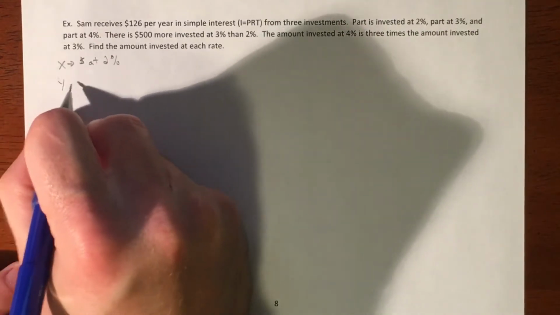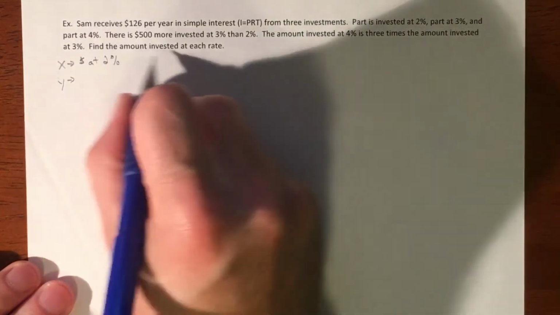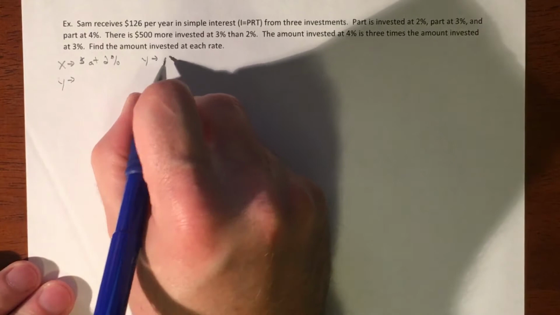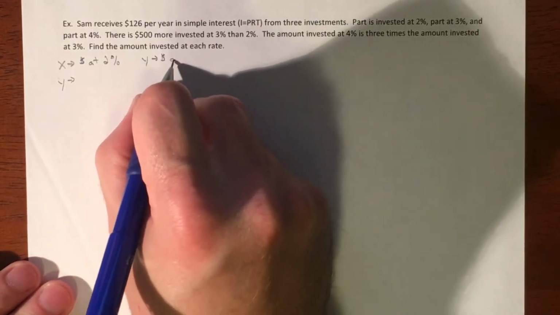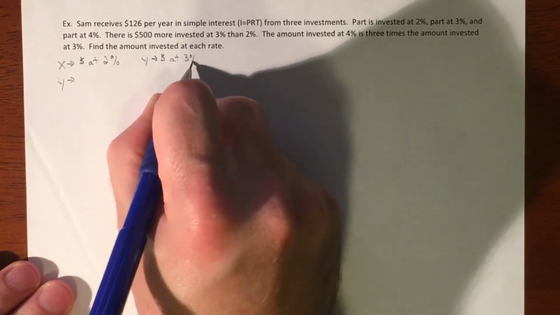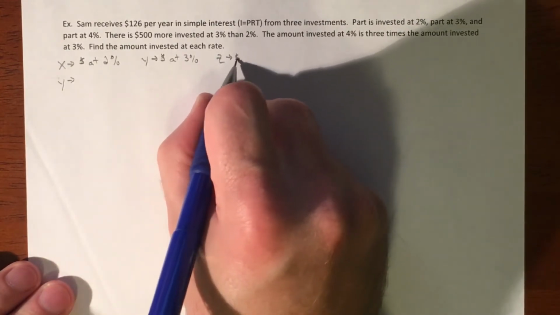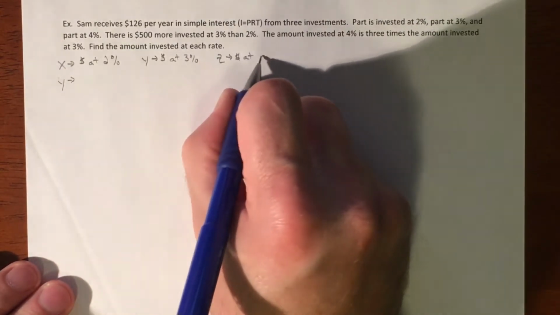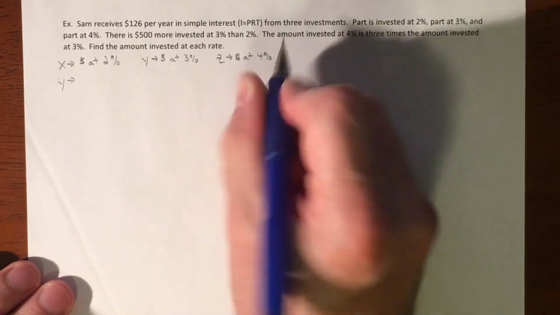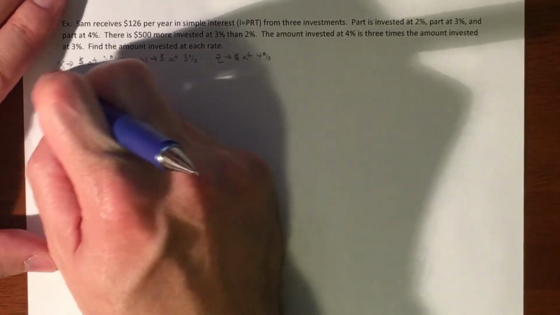And let's call Y the money invested at 3%, and then Z, let's call it the money invested at 4%. All right, so let's create an equation.